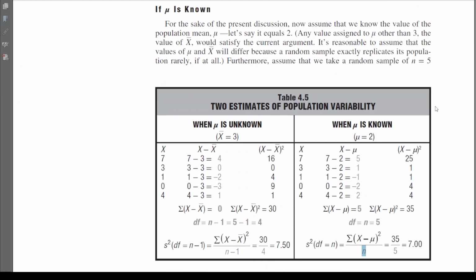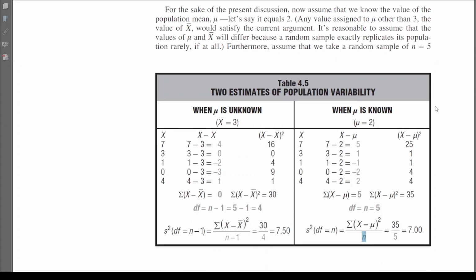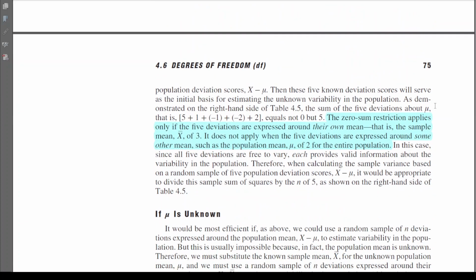Furthermore, assume that we take a random sample of n equal to 5 population deviation scores, that is x minus mu. Then these 5 known deviation scores will serve as the initial basis for estimating the unknown variability in the population.